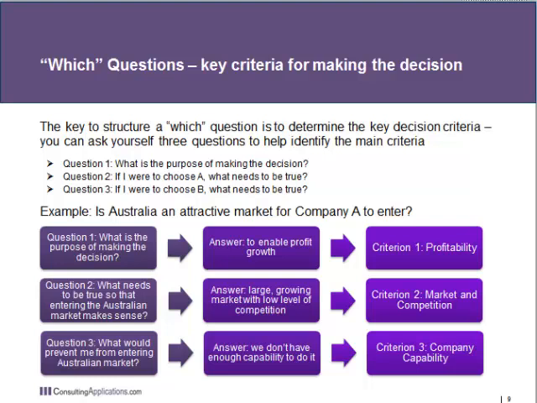And then your third question is, if I were to choose the other option, what needs to be true? So if I were to choose not to enter the market, what needs to be true? And in this case, perhaps the company is not capable of taking advantage of this trend. So you can see how, by answering these 3 questions, you're able to create 3 components within your structure.